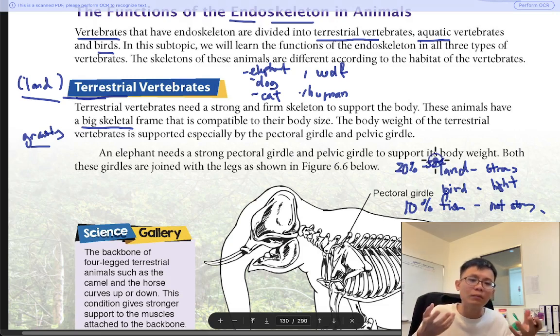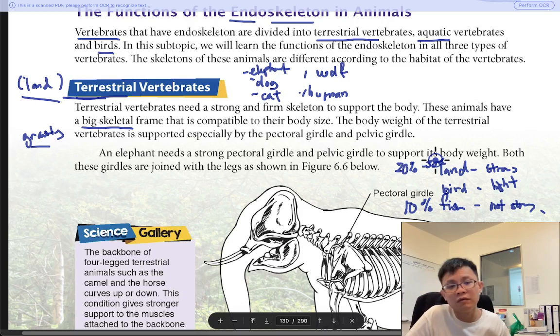I mean the human bone, or the cheetah bone, elephant bone, if you want to compare with the animal like fish, it will be 20-30% bigger.